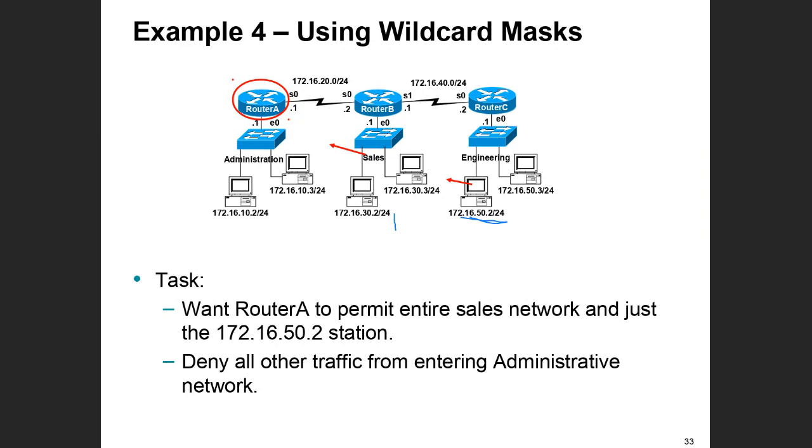We want them to be able to have access to router A. We want all other traffic to be denied from entering the administration network, because the administration network has a server on it, and we don't want the boys messing around with it, trying to break into it. For example, the boss's nephew. Okay, let's create an access control list then that permits the entire 172.16.30 network and the individual host machine on the 50 network, and denies all other traffic.